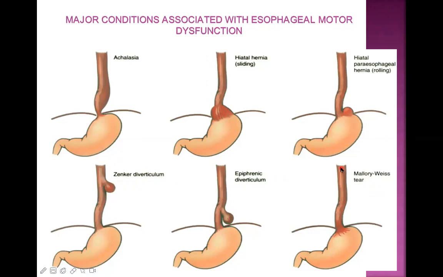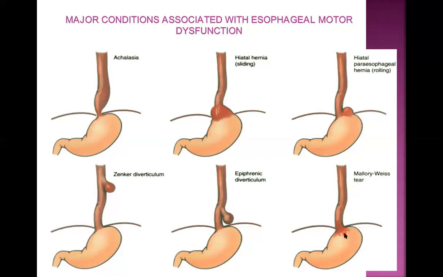Now, the last one in this picture is Mallory-Weiss tear. This is a rupture of the gastroesophageal junction mucosa, and this usually happens because of severe retching or vomiting. In alcoholics, usually this type of tear happens. Now, what happens after this tear occurs?